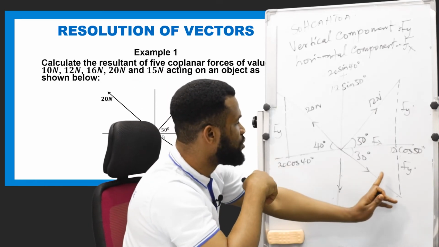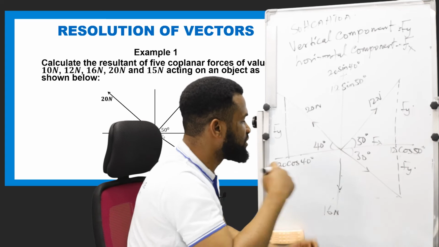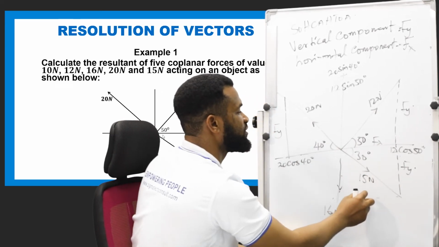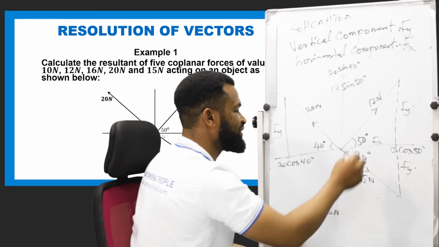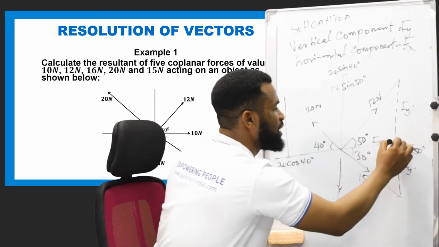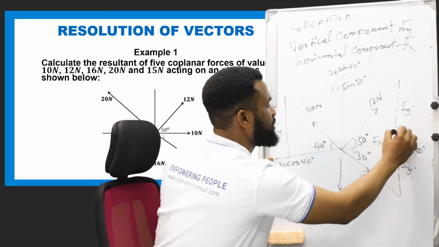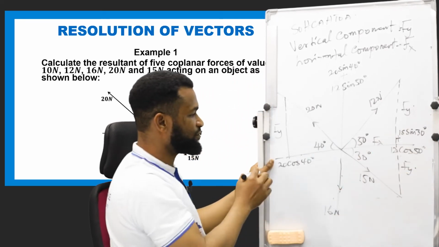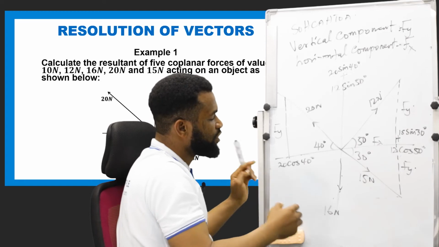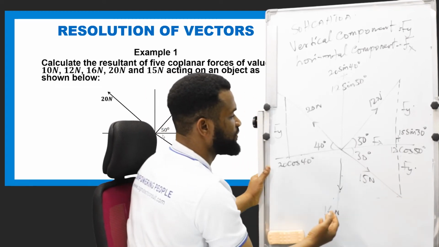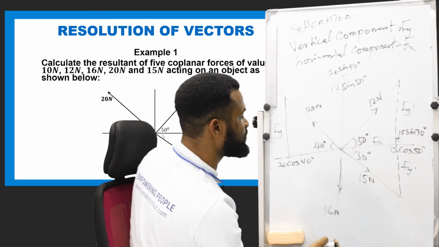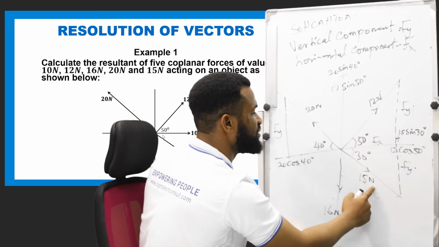And this is going to be opposite over hypotenuse, because this is 15 Newton. Opposite over hypotenuse. And that is going to be sine. So I'm going to say plus 15 sine 30. So when I resolve this with respect to the horizontal axis, I'm going to have adjacent over hypotenuse.